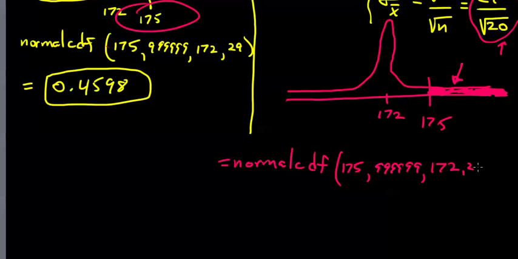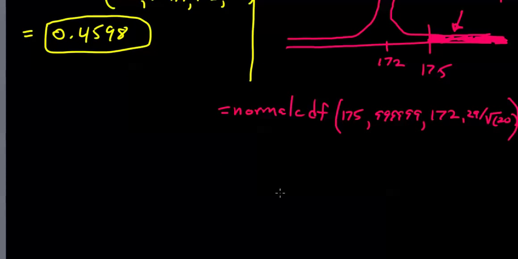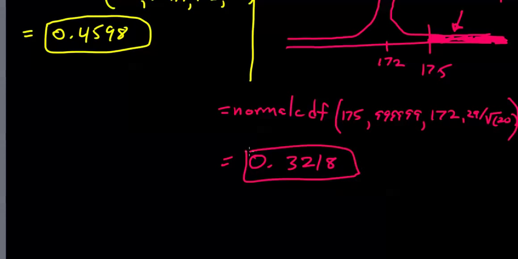I'll do 29 slash root 20 and then close your root. Of course, you've got to close the parentheses of your normal CDF command. I'll let the calculator do as much work as I possibly can. If I punch that out, I get 0.3218, and that's the probability I seek.